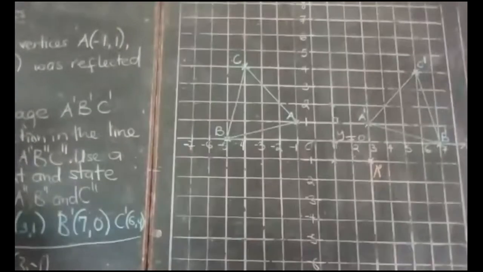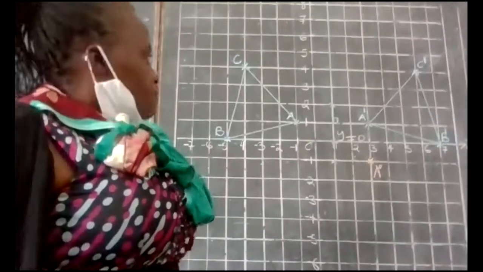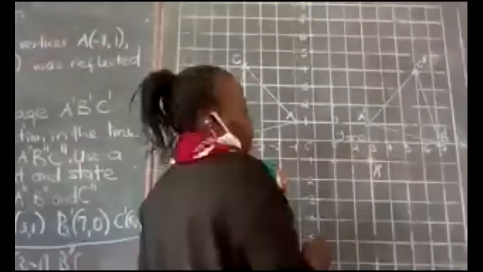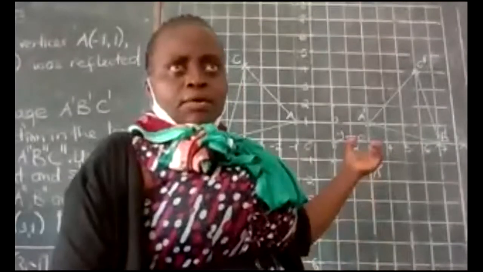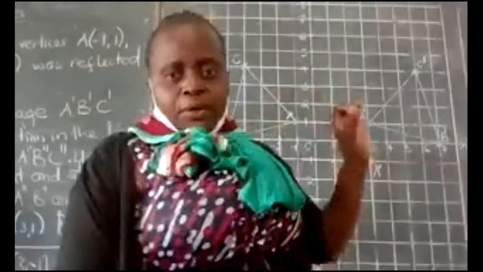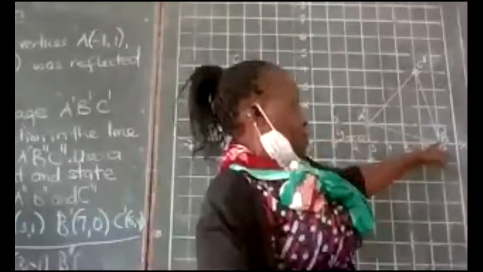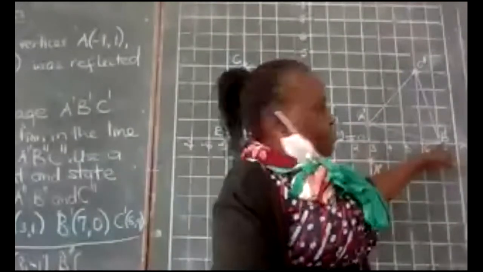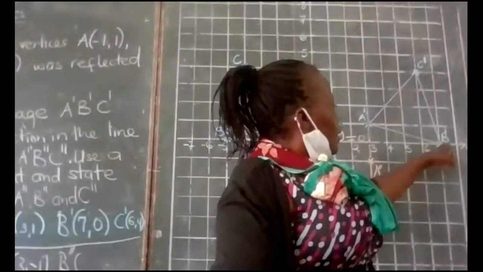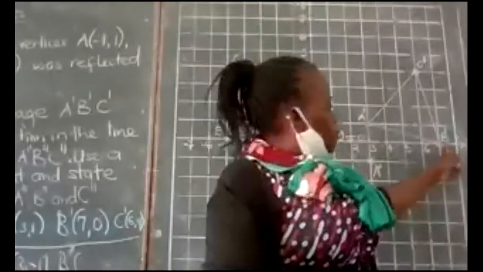We move on to point B prime. There's another question. Why is it that y is equal to 0 is the x line from the chart? Yes, maybe we first get the coordinates, then we shall answer that. Okay, so just keep your question, we are going to answer. Let us first find the coordinates of B prime. So B prime is here, is the object, and it is on this mirror line. So what are the image points?